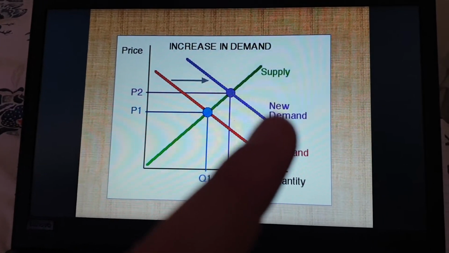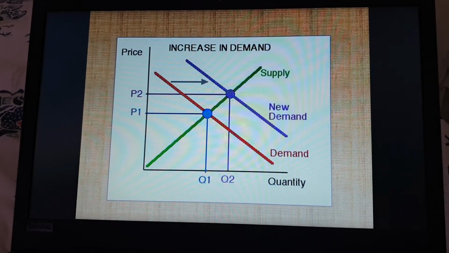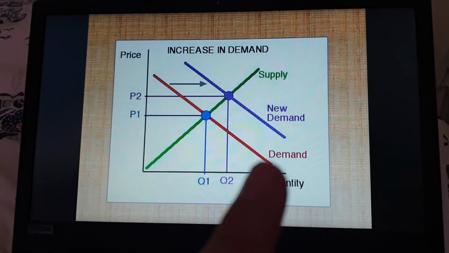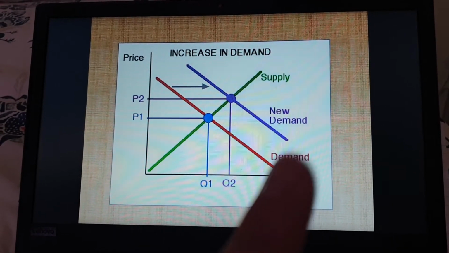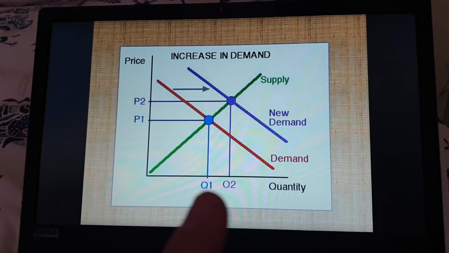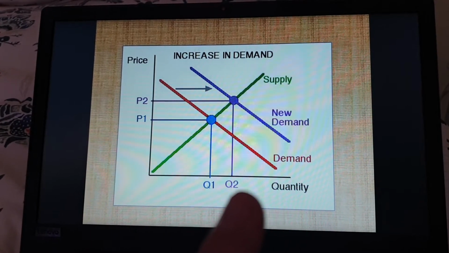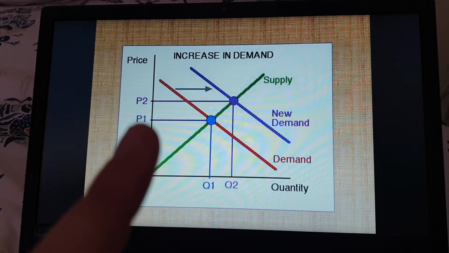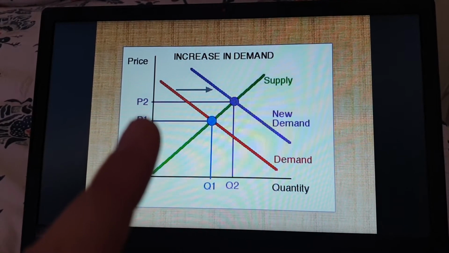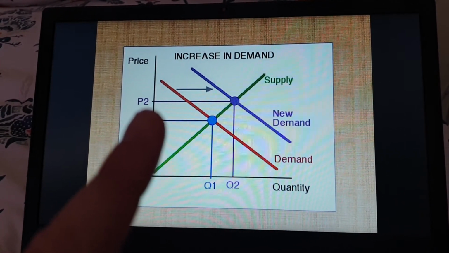I just illustrated it as the new demand. So in other words, quantity increases from Q1 to Q2, and whenever there's an increase in demand in the market, the price will also increase from P1 to P2.